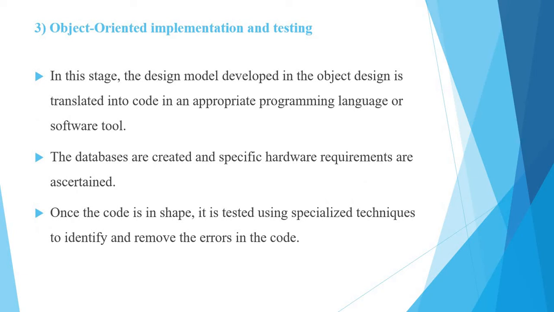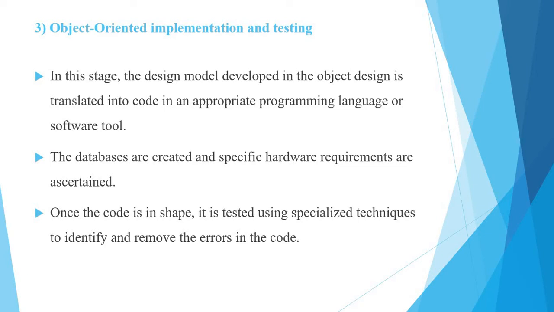The third one is object-oriented implementation. In this stage, the design model developed in the object design is translated into code in an appropriate programming language or software tool. After designing the problem, we can implement the objects in a programming language like C, C++, Python.